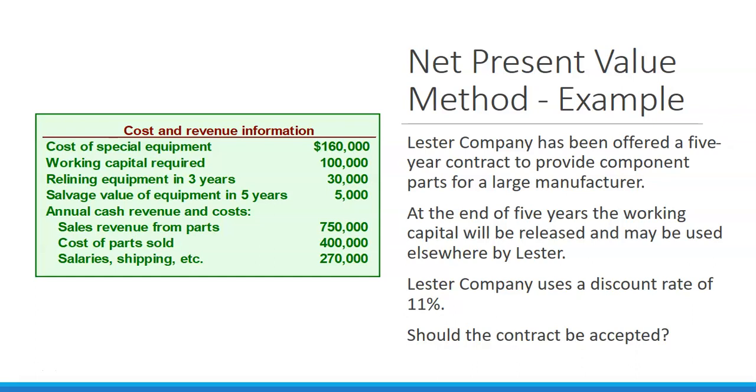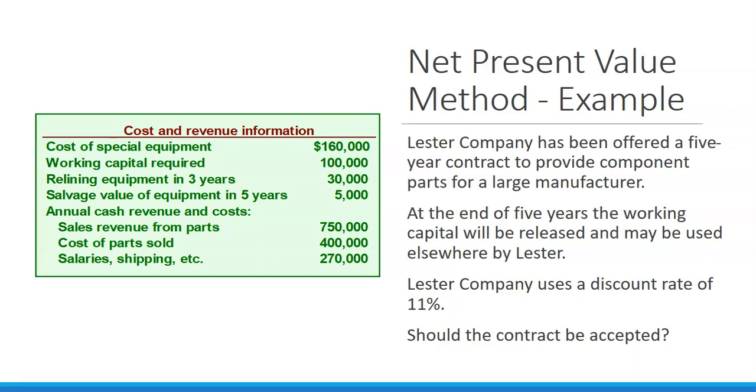We have special equipment that we need to buy. This equipment needs to be repaired in 3 years, and then at 5 years, it has a salvage value. We use a discount rate of 11%, so that's also called a hurdle rate or a required rate of return. Should we accept the contract?